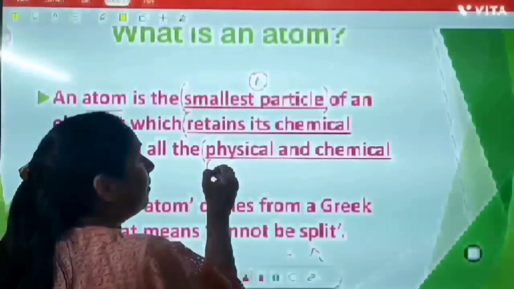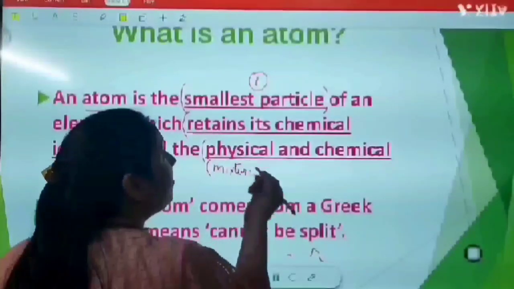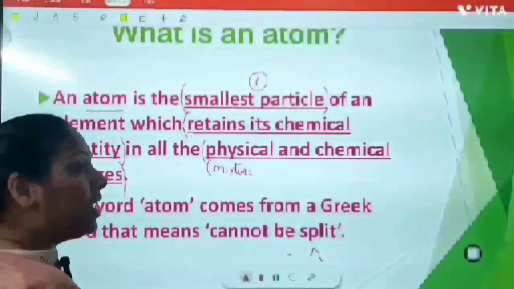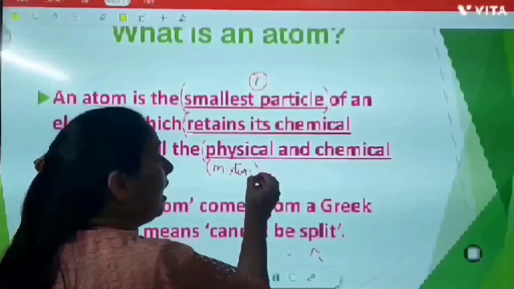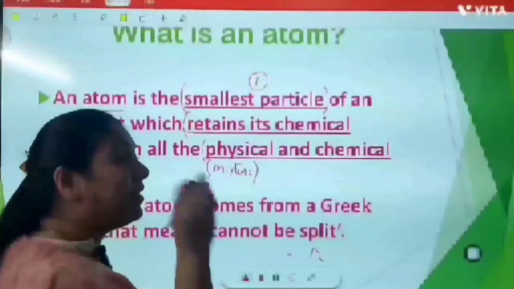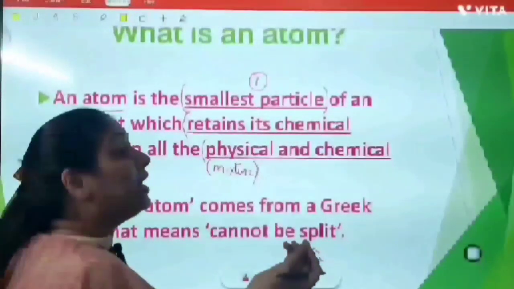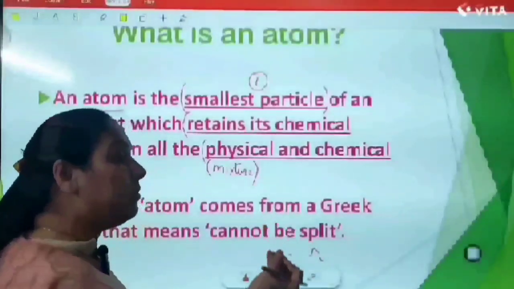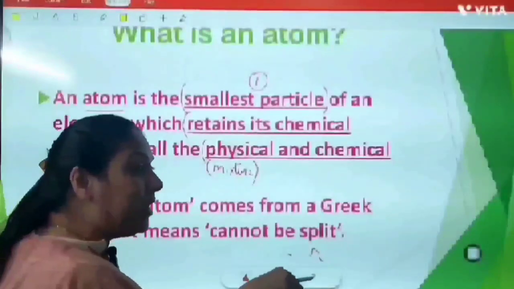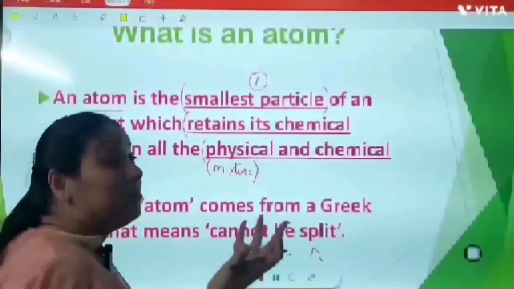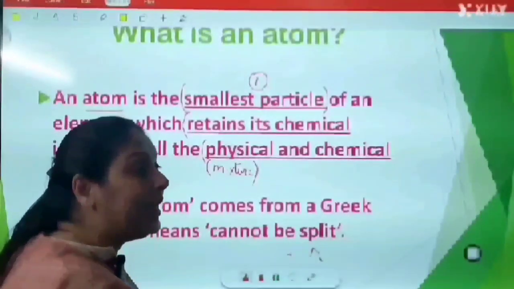Physical changes means involving it in a mixture. If I mix iron with chalk powder, and I run a magnet over the chalk and iron mixture, one of iron's basic properties is magnetism.